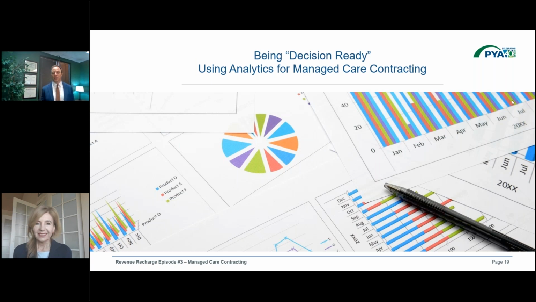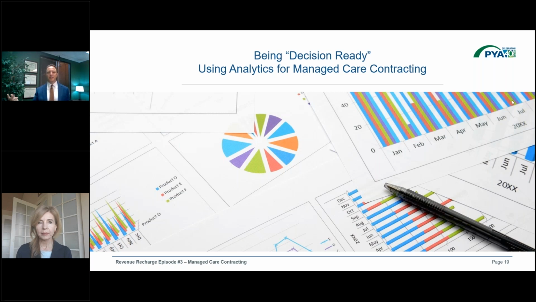Next, we're going to touch on how to be decision ready by leveraging analytics in managed care contracting. As the Director of Business Intelligence at PYA, we developed some unique solutions to prepare our clients to be decision ready when submitting payer reimbursement proposals and monitoring contract performance.